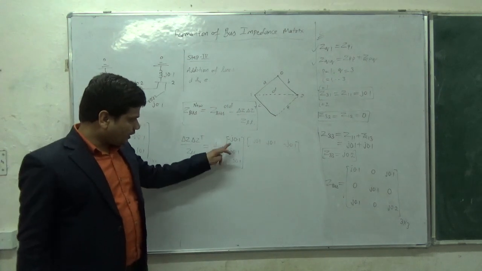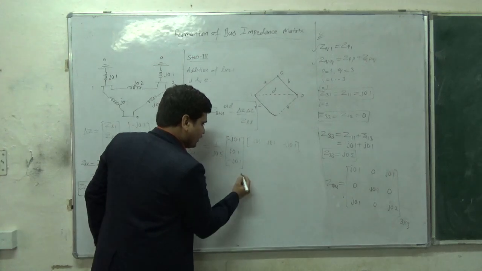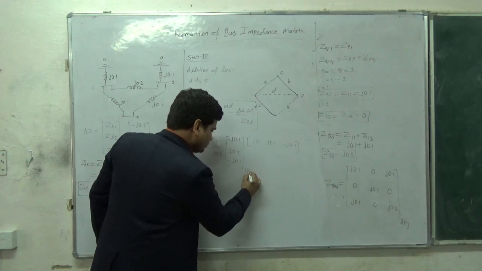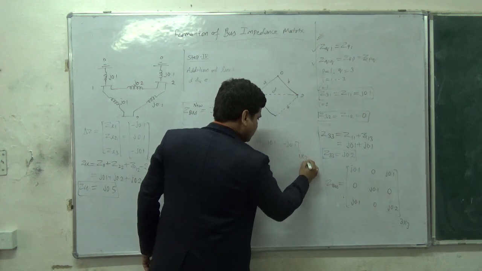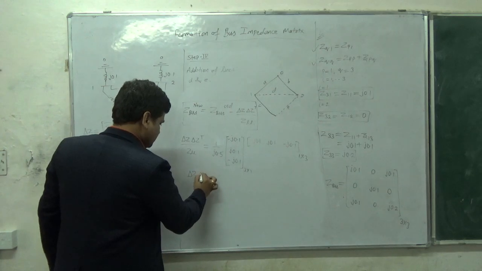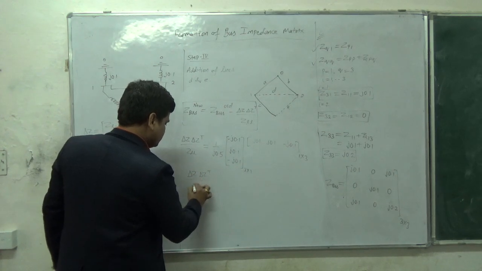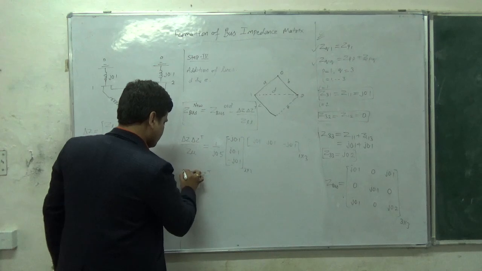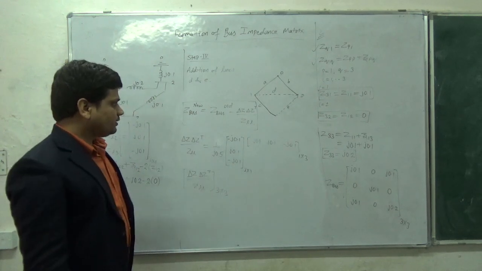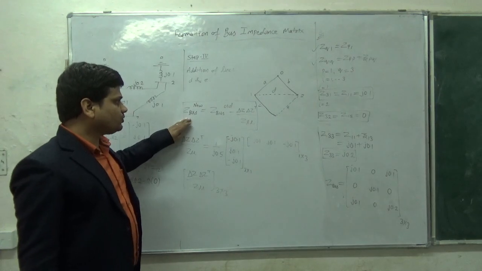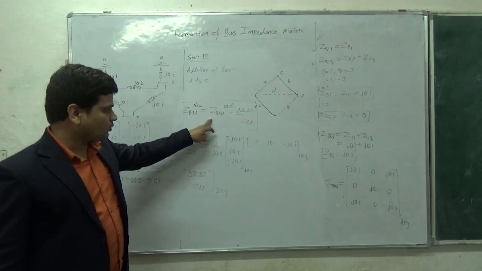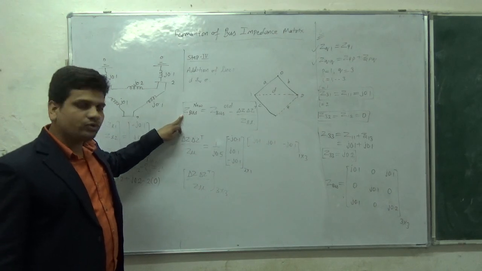So first you need to calculate the product of multiplication of these two matrices. This is 3 cross 1, this is 1 cross 3, and the dimension of this del Z transposed upon ZLL will be 3 cross 3. Then you will have to subtract this one from this one according to this formula. Then you will have a new Z bus matrix.